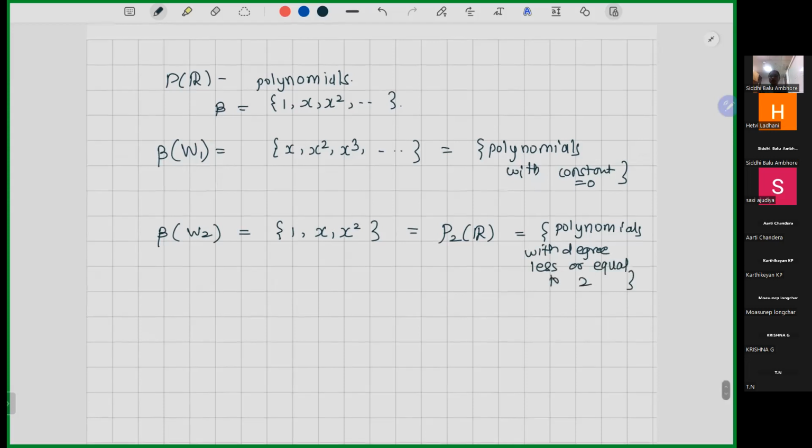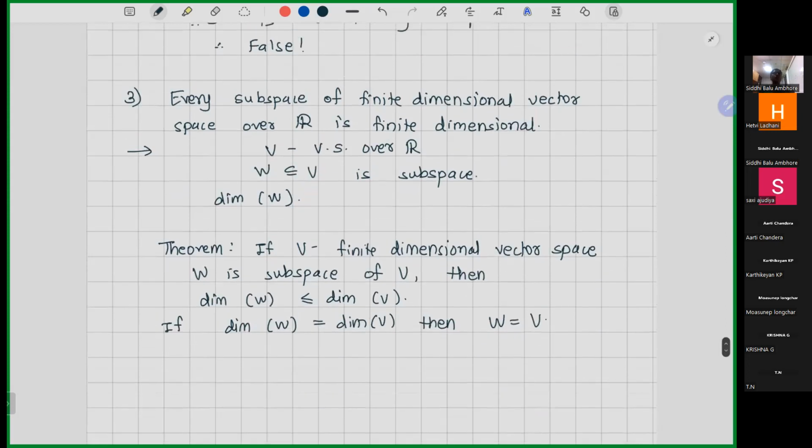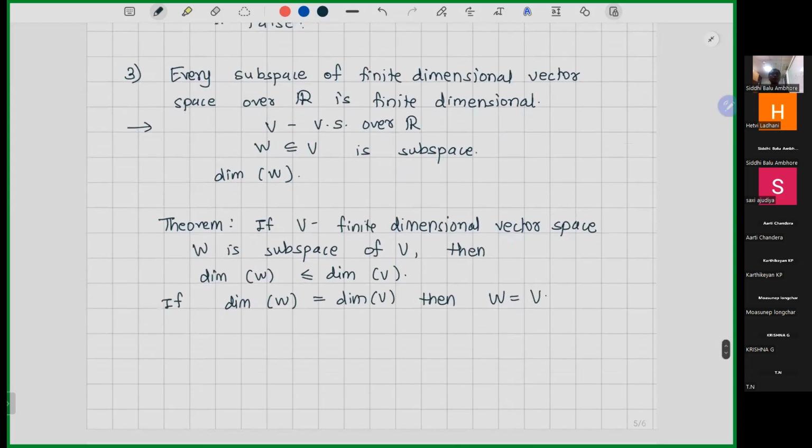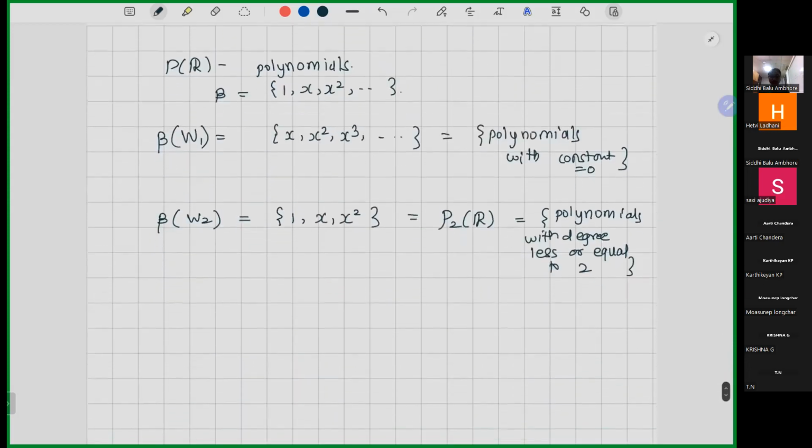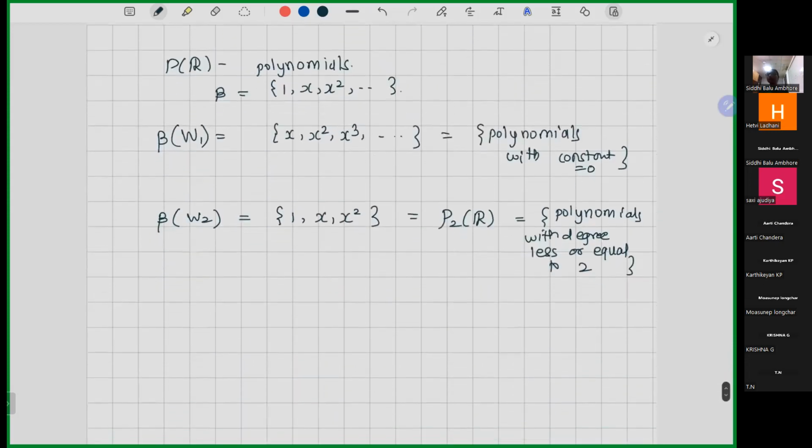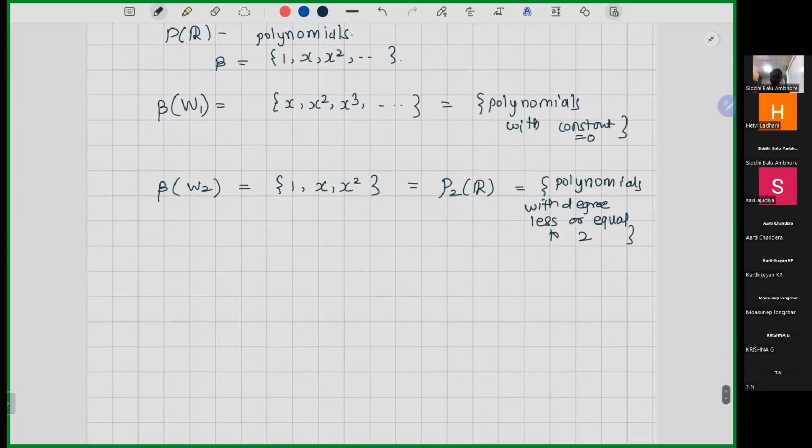So in case of infinite dimensional vector space, its subspaces could have finite dimension or could have infinite dimension. Okay, so we do not have a concrete statement in case of infinite dimensional case like this that every subspace will be finite dimensional. Is it clear? Yes. Okay.